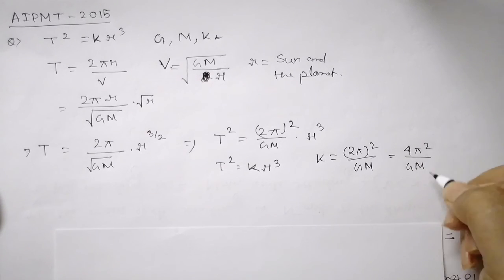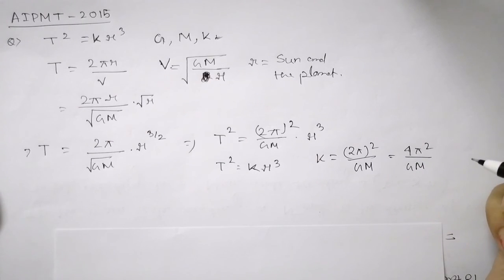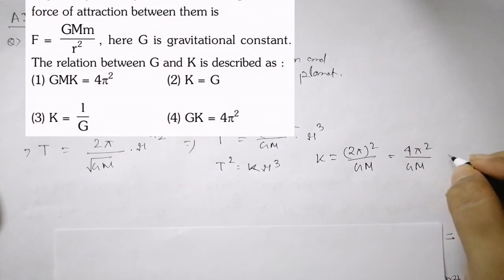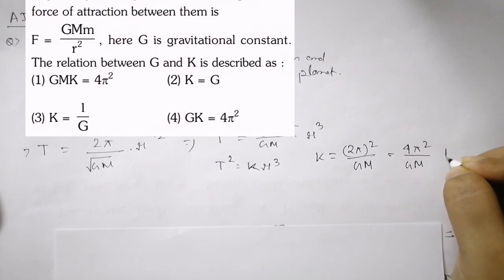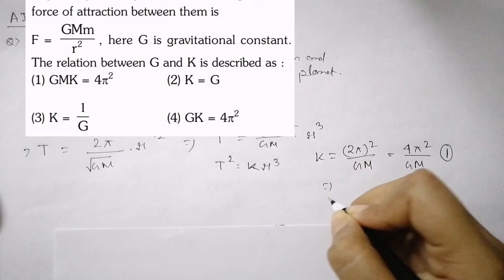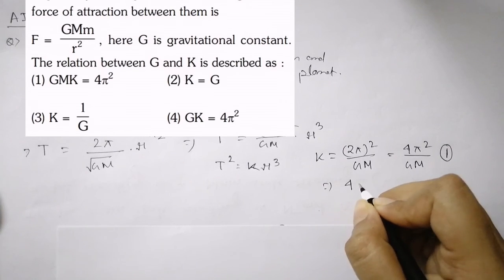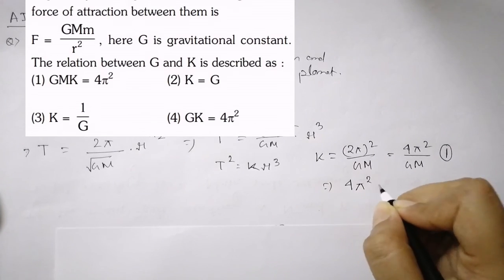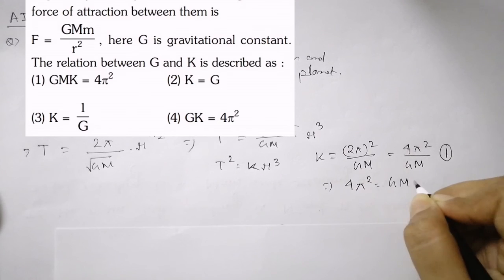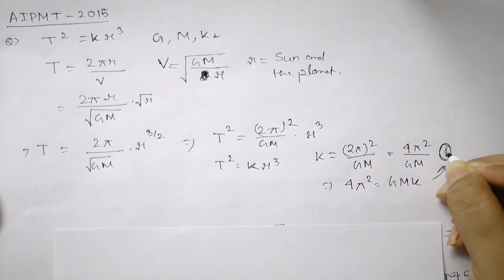So k equal to 4 pi square by GM. You can see from the options it is matching with option 1. Or if I simplify it, you can see it very clearly, that is 4 pi square equal to GMk. Now see, this is option 1.